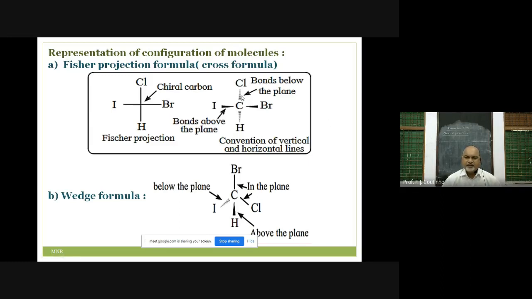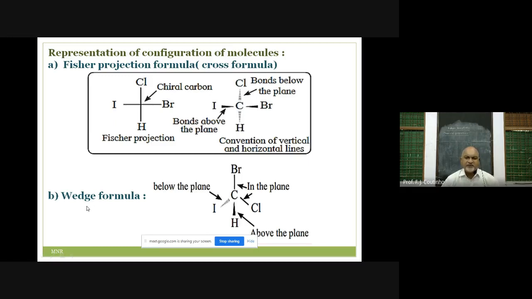Next are 2 dotted lines. One is chlorine and one is hydrogen. These 2 substituents are below the plane of the paper. So they have gone far away, and anything far which we are not able to see very clearly is represented by a dotted line. So these are the conventions of vertical and horizontal lines.